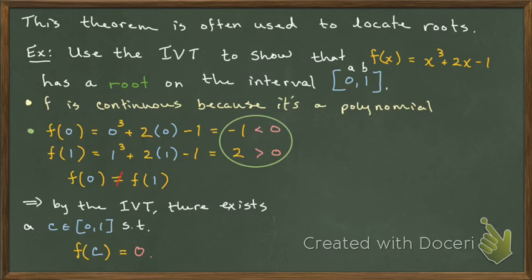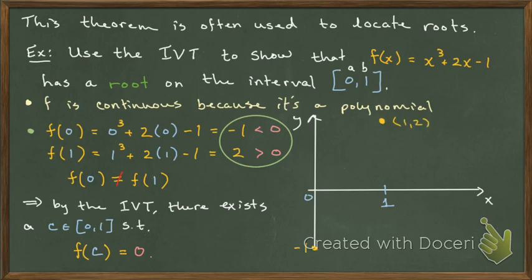Let me try to sketch a graph that will help me verify this. Let's put some points here, 0 and 1. We know that f of 0 is negative 1 and f of 1 is 2. Any smooth continuous function that I put between those two points has to cross through the x-axis.